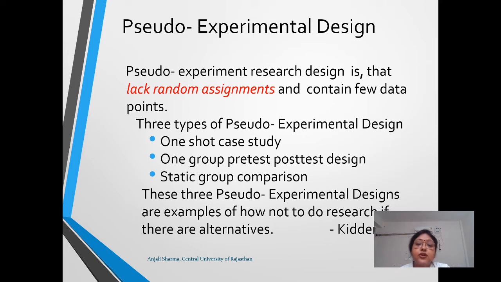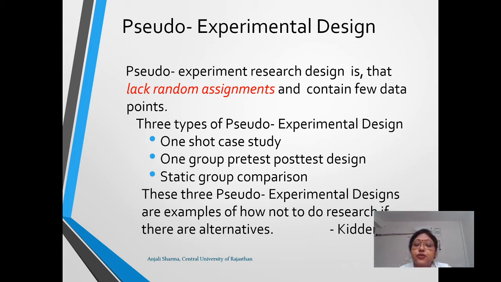A pseudo-experimental research design is one that lacks random assignment and contains few data points. So because it is a non-experimental design, it is a false experimental design. The first condition is that random assignment will not be there, and we will use few data points. On the basis of that we are going to do a study.